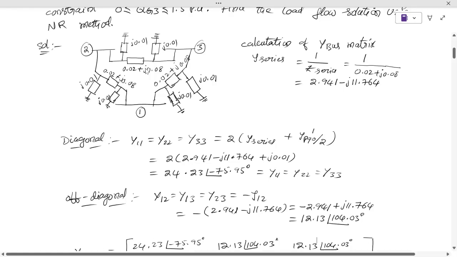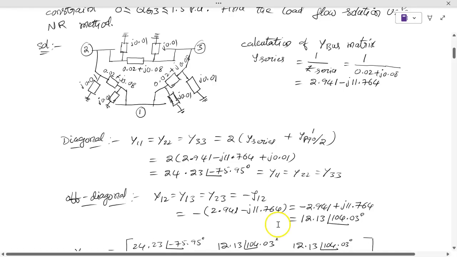So for y12, only this series admittance value is needed. So capital y12 is equal to capital y13 is equal to capital y23 is equal to minus small y12, that is minus of this series admittance. If you convert it to polar form, it is 12.13 at an angle 104.03 degrees.